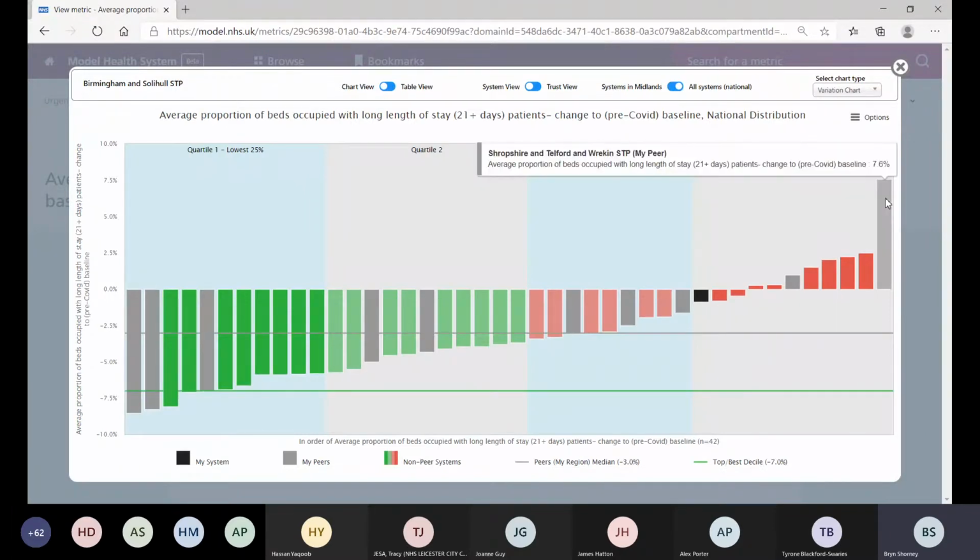STPs are highlighted. There are two different options for highlighting the peers here.